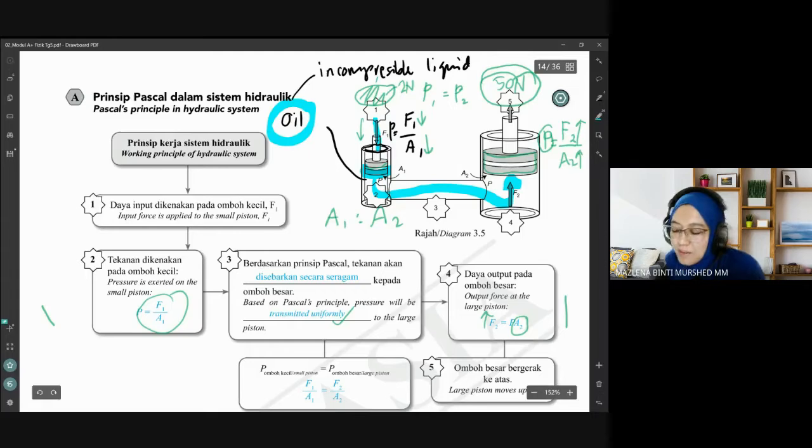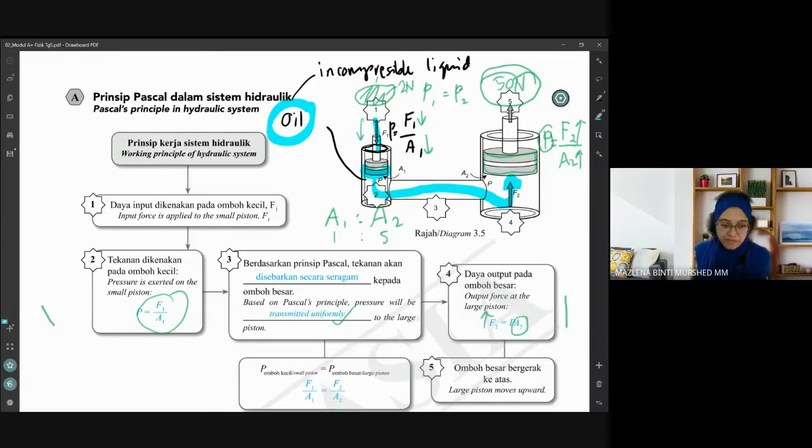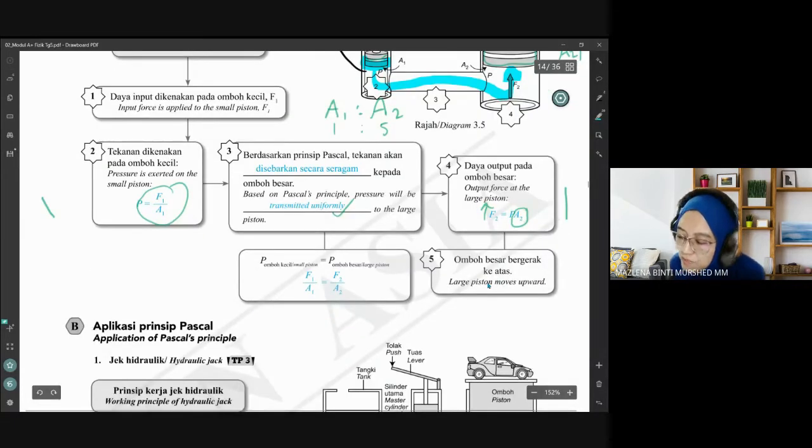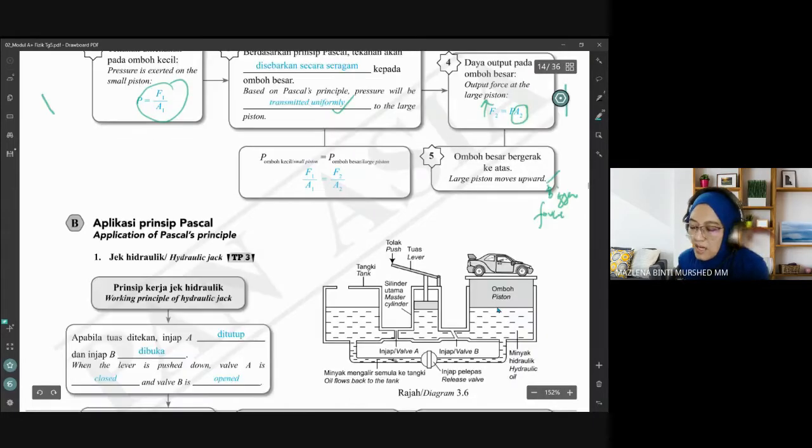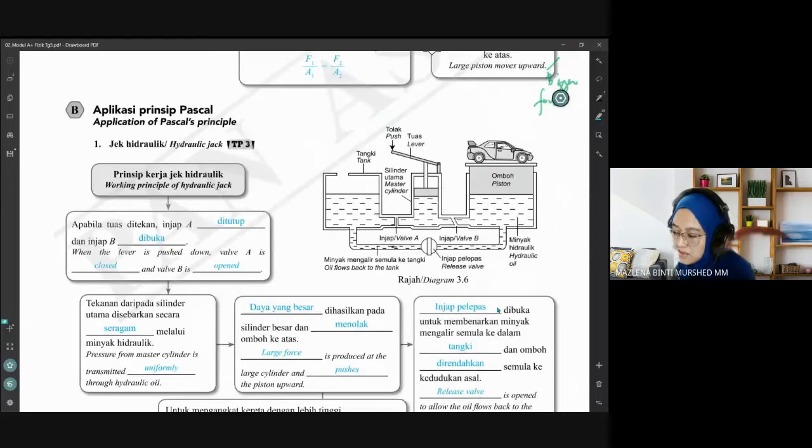Let's say the ratio is 1 to 5. So the force will be 5 times bigger compared to piston one. This is only an example. Alright, so here in the conclusion, it says the large piston will move upward with a bigger force, a very large force. So this is the application of the hydraulic system, which is the hydraulic jack.